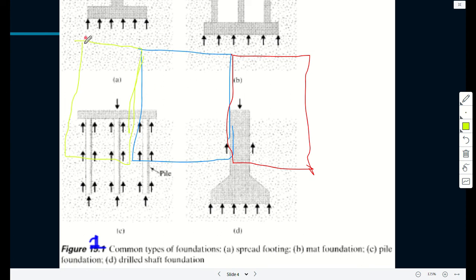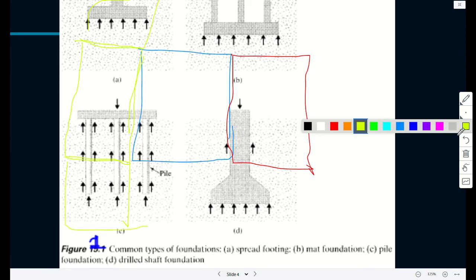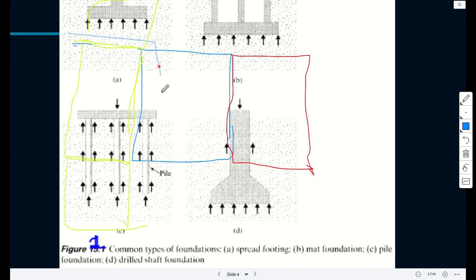So if this is your property, and of course, maybe there's also another guy up there and down here. And normally you want to make maximum use of your plot. So if this is soft clay, probably you might need a mat that extends into your neighbor's property, which cannot happen. You don't have that space. You cannot encroach into your neighbor's property. So even spreading the foundation or increasing the area has its limits.